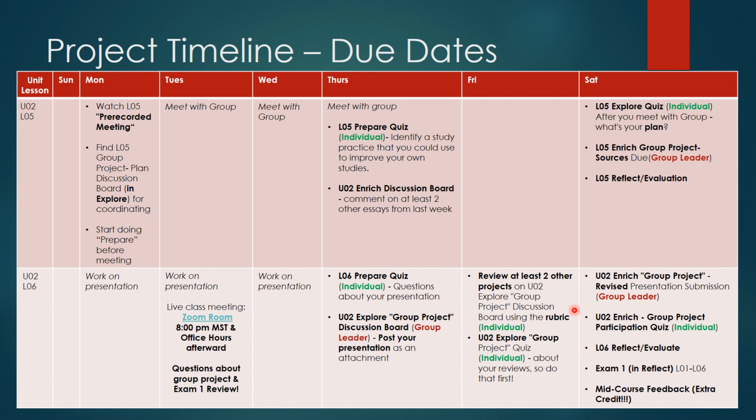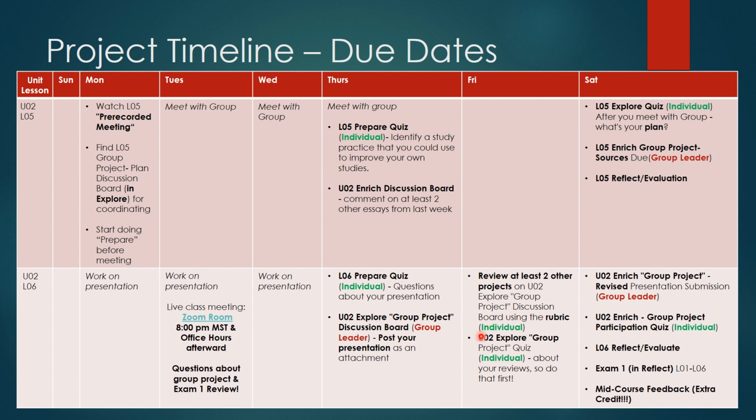Then this is kind of weird. We have some things due on Friday, so please make note of this. That Friday you need to review at least 2 other projects, and this is an individual thing. You're going to use the rubric, which I'm going to show you in a moment, to grade 2 other presentations and put your review, your ideas, the good and bad, on the discussion board.